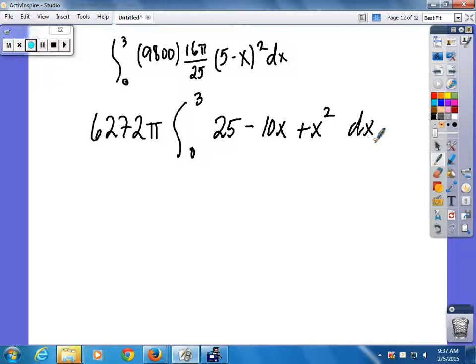When you change the values from 0 to 3, if you had left it going from 2 to 5, and you did 5 minus x squared and then did substitution, you would have got the value from 0 to 3, but it would have just been u squared du. And since you're only going from 0 to 3, you should only have to go to the increment of the height instead of 5 minus the height.